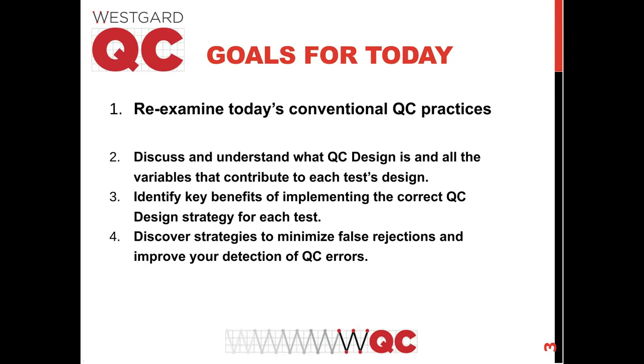And I hope I'll be able to show you the benefits of changing how you do QC and changing your design strategy for each test. The benefits will come because we'll choose different rules, and we'll choose rules that help you minimize the false rejection and maximize the error detection.